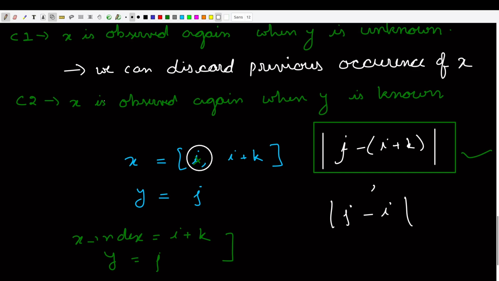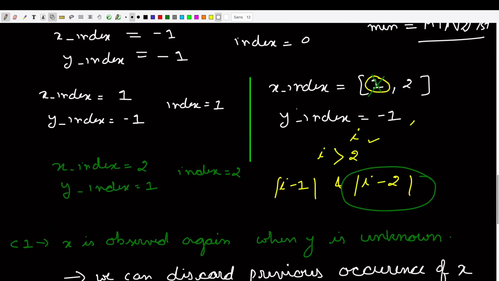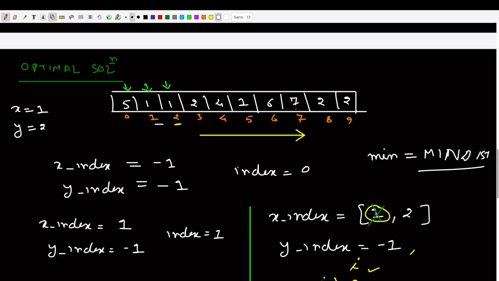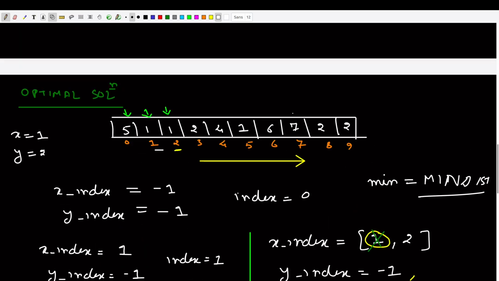So for the cases when x is observed again when y is known, in this case we will update x index to the latest one, okay? So these are the two optimizations we will do, and with these two optimizations we will be able to find all our pairs.